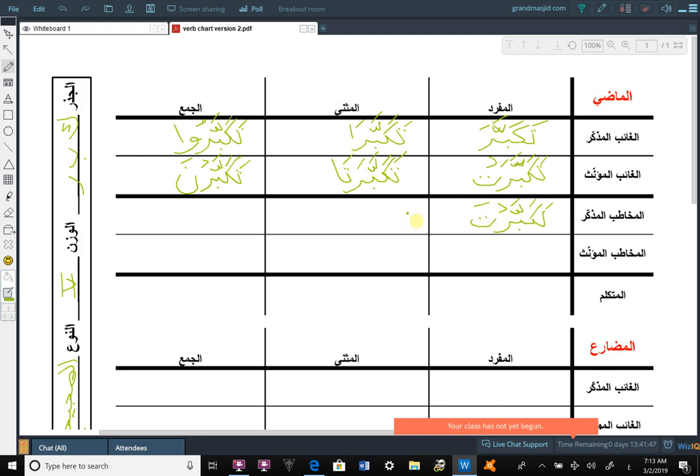And antuma takabbartuma. We add the tuma, the fa'il tuma. Antum takabbartum. We add the fa'il tum to the end. Anti, we add t, fa'il t. Takabbarti.